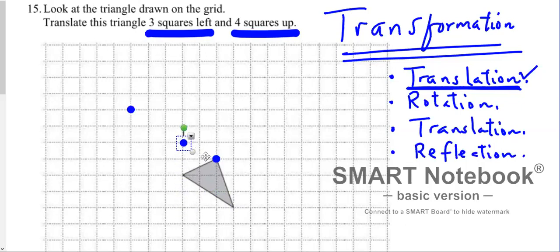So the point will be there. How about this point? Same movement. 3 squares left, 4 squares up. You see? Now I have moved the previous corners, and the previous corners have taken a new location.